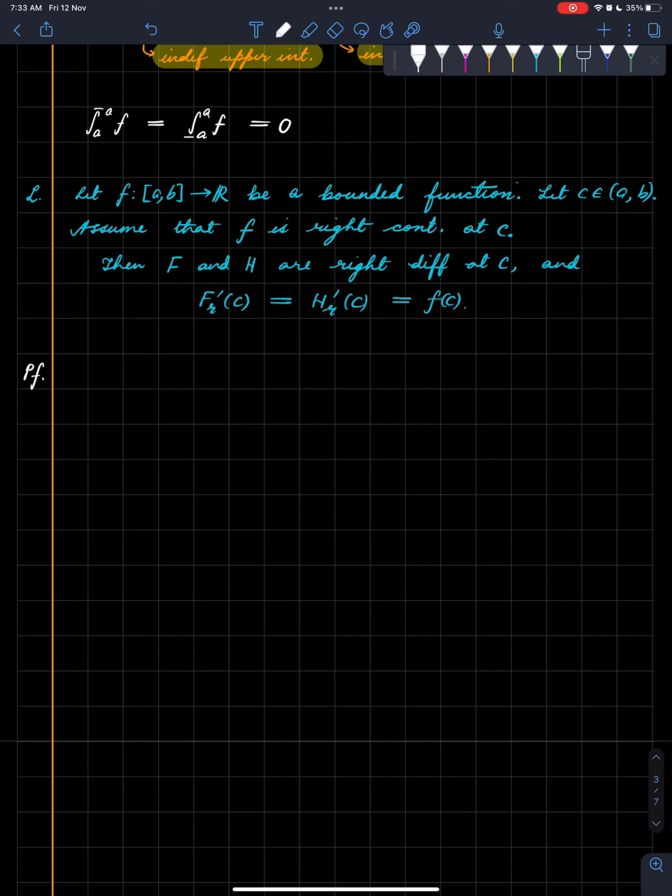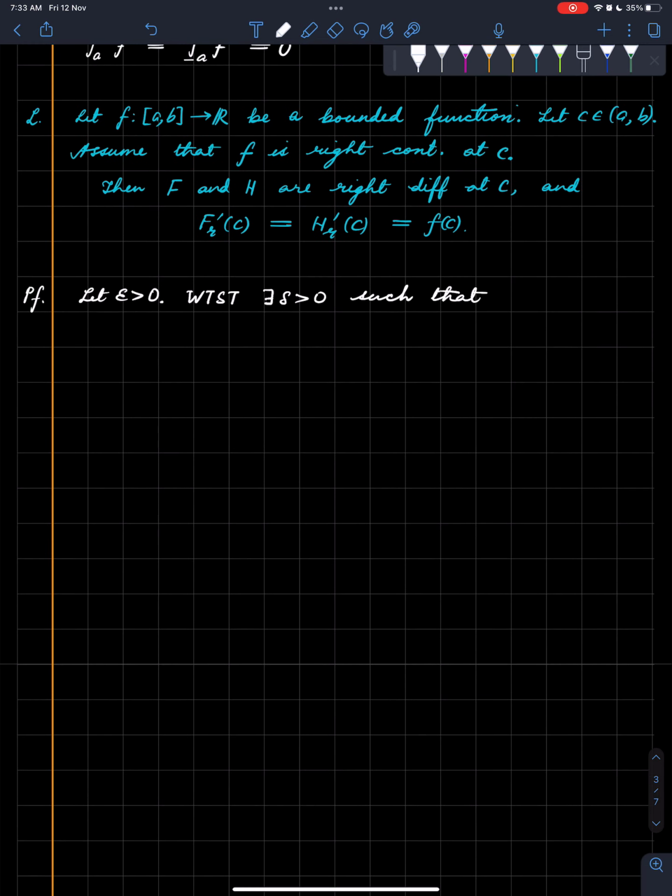So what we want to do precisely is the following: fix epsilon greater than 0, we want to show that there exists delta greater than 0 such that whenever h is in this right deleted delta neighborhood of c, we have this ratio is less than epsilon.